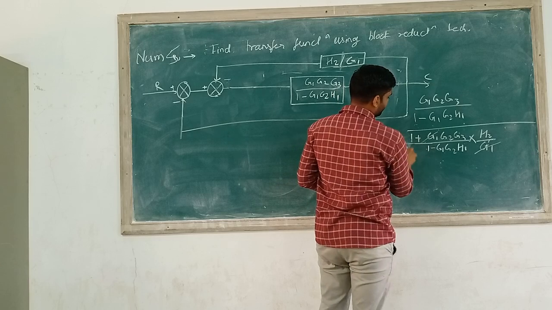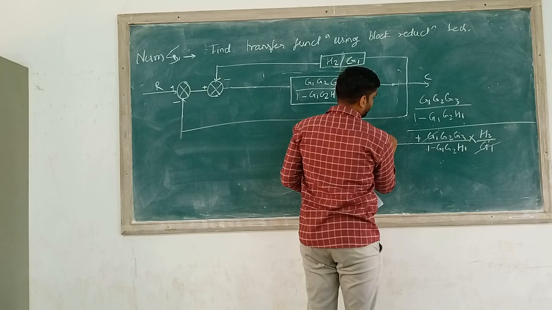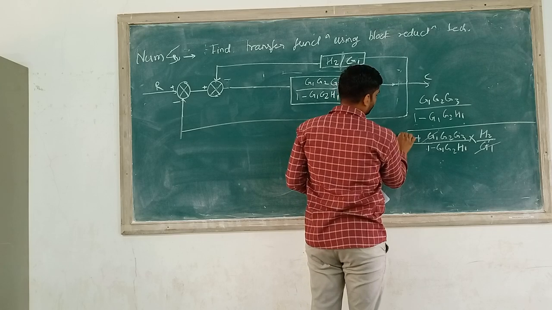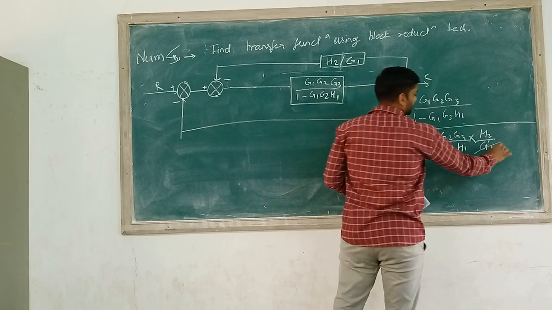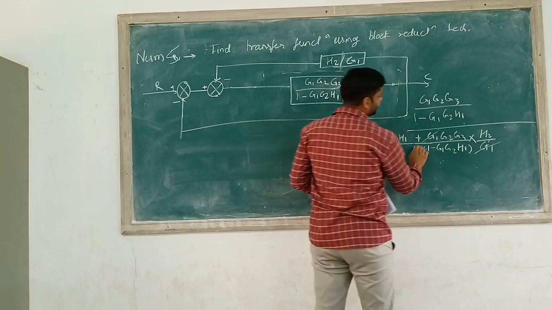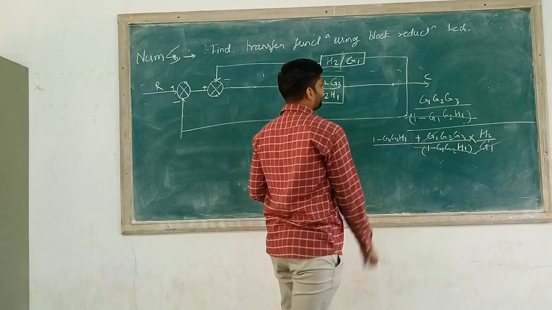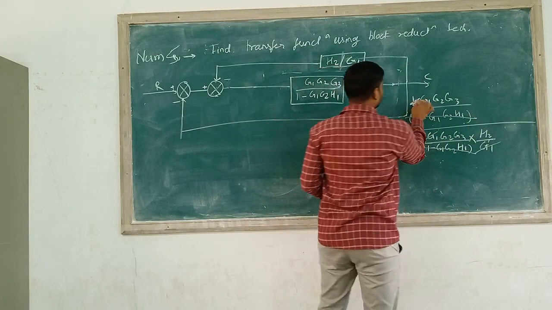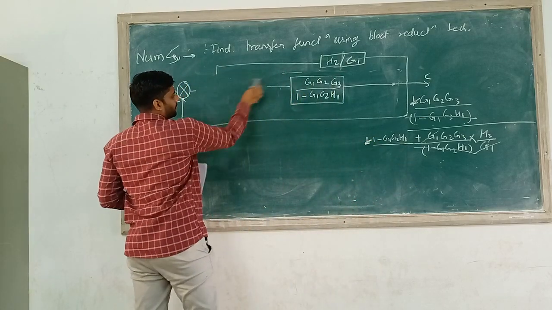So this cross multiplication can be written as 1 minus G1, G2, H1 upon 1 plus this term. Now this term gets cancelled with this term here, and we are having this answer of this numerator on this denominator, and it can be written here.